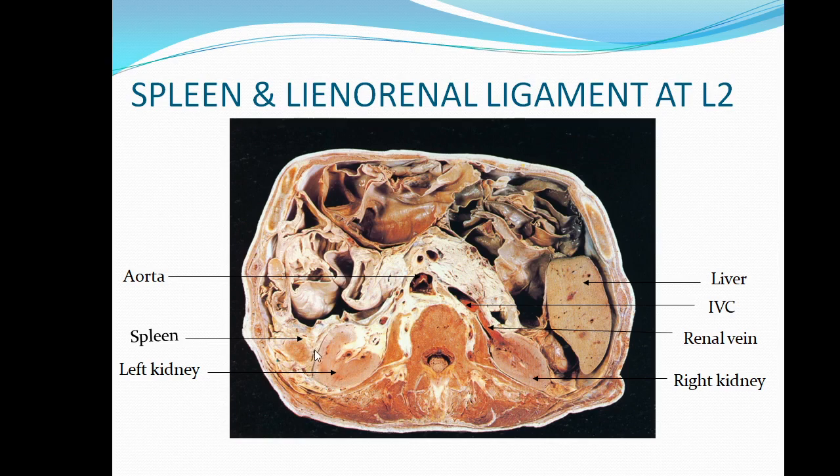This lienorenal ligament is very important because it contains the splenic vessels, the tail of the pancreas, the pancreatico-splenic group of lymph nodes, the lymphatics, as well as the sympathetic plexus.